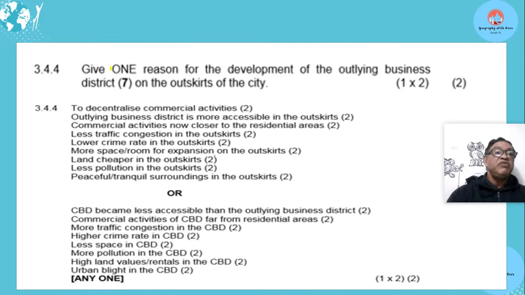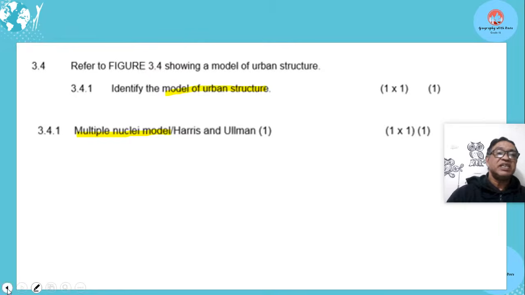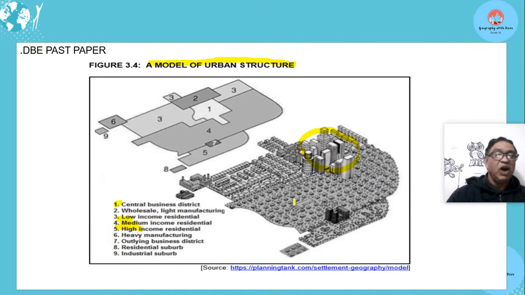Give one reason for the development of the outlying business district. The OBD. You saw it on the sketch. It was on the outskirts. Can you see it? The outlying business district, that is 7. Can you see it here?